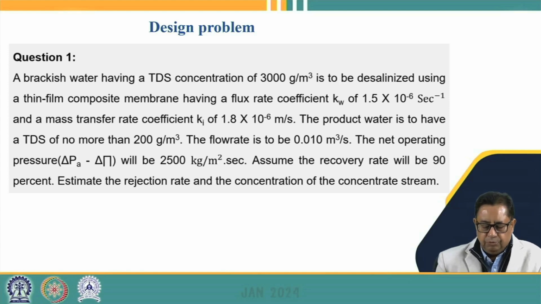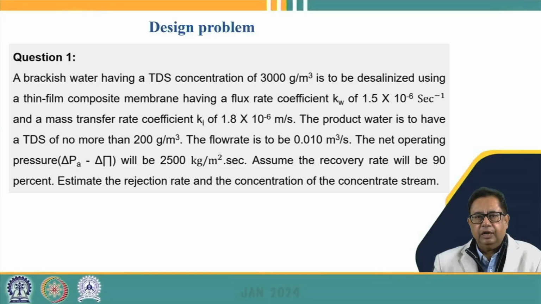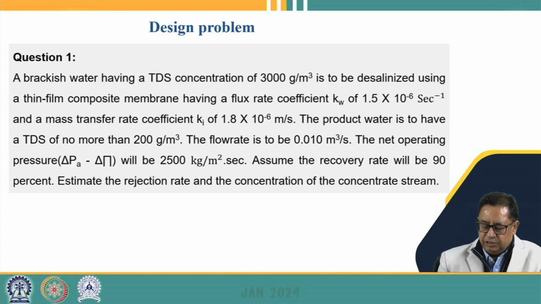The product water should not have more than 200 grams per cubic meter of TDS, the flow rate is around 0.01 cubic meter per second, and the net operating pressure that we need to apply is around 2500.